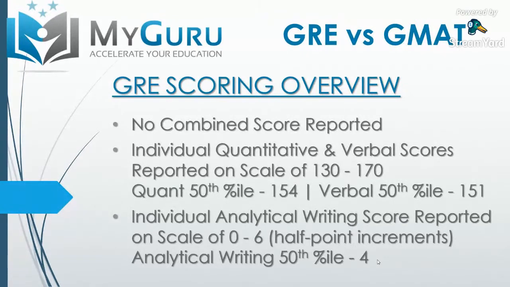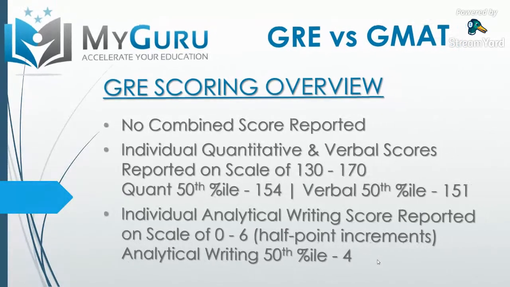The GMAT has only the one essay, only evaluate an argument. They really diminish the importance of the essay. Whereas on the GRE, the essay is actually the hardest thing to get a perfect score on. Getting a 6 on the GRE is more difficult than anything else that you'll encounter on this exam.